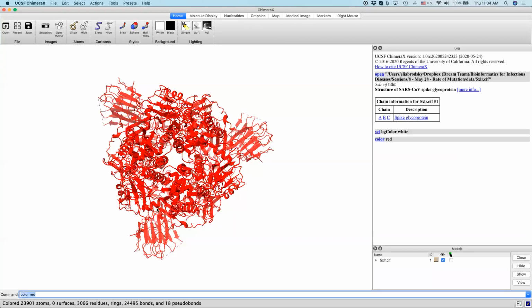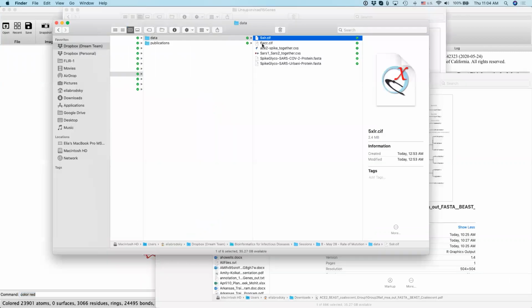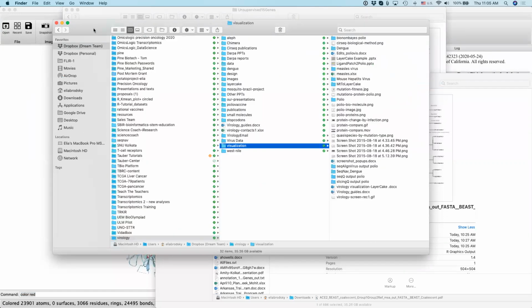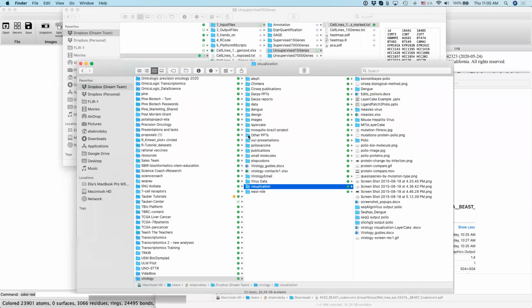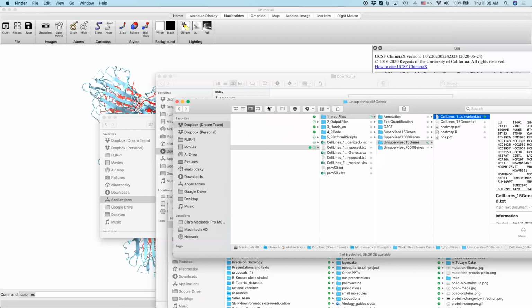So let's just color this one red. You just type in here color red, and then you can just open the second one, 6ACC, just drop it on top like that. Okay, so there's your second one.